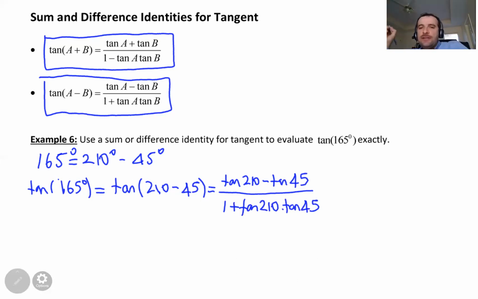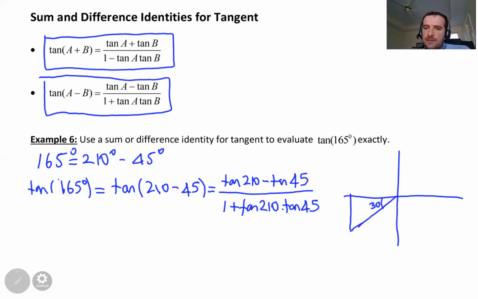Now I need to find what tangent 45 and what tangent 210 are, right? So let me try to find where 210 is. So 210 is here, right? And this angle will be 30 to make 210. So what are these sides then? Okay, first of all, this is the negative x-axis, this is the negative y-axis, right?